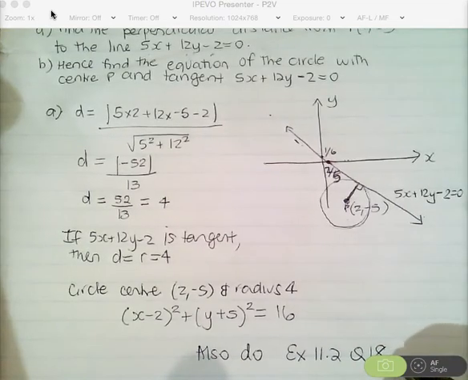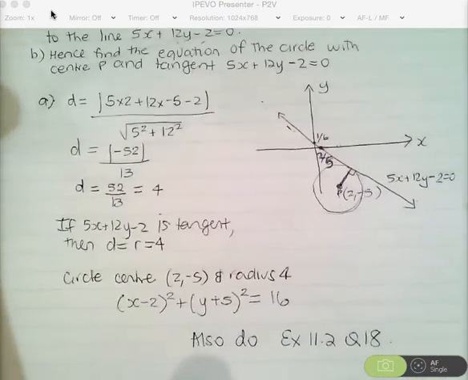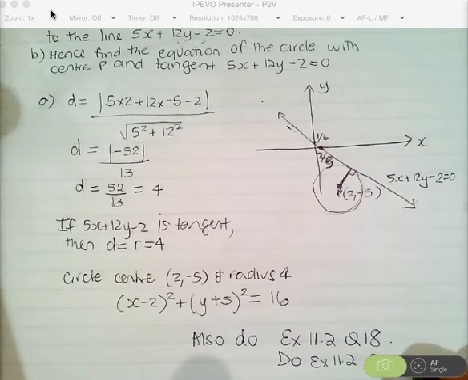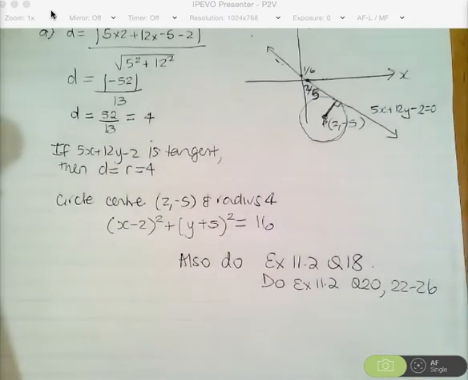That's an extra question there. And I know I asked you to do exercise 11.2, I think it was question 20. We've done 21, so you need to do 22 to 26. And I can't remember if 19 was in it. Just see what I wrote down today.